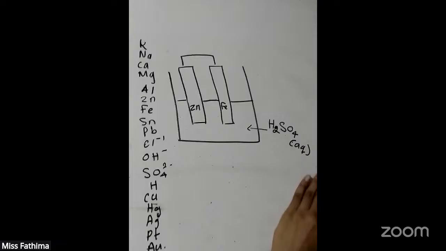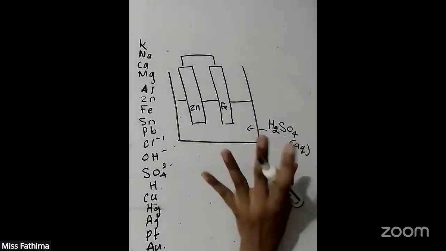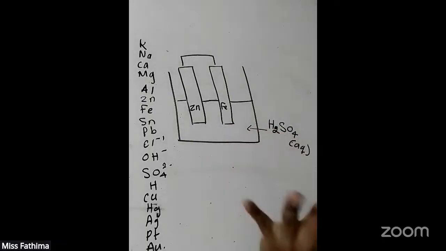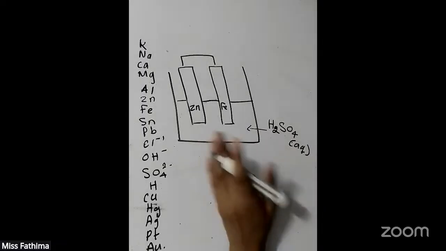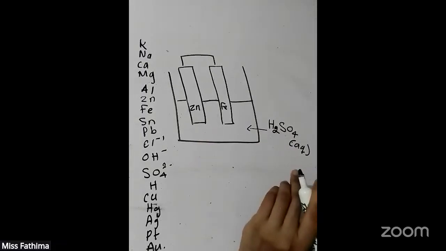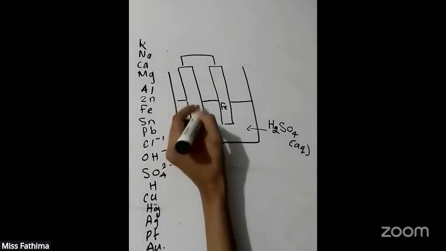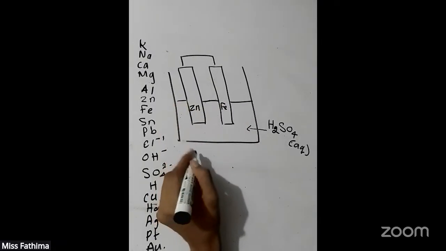So now what you have to do is analyze what elements and ions you have in the setup. What are the elements that you can find here? You can find zinc and iron.